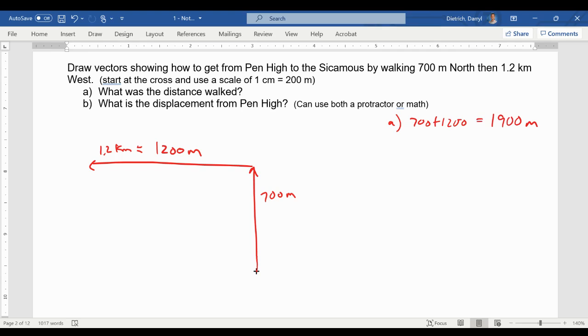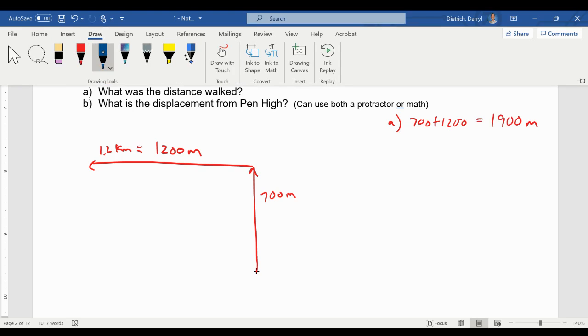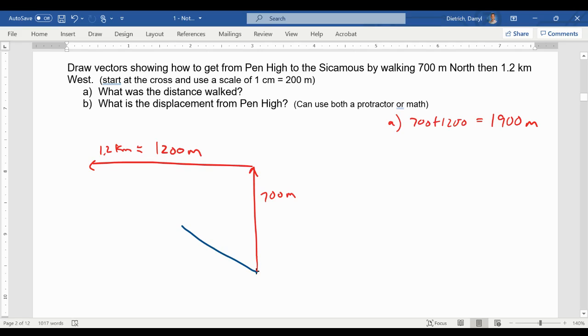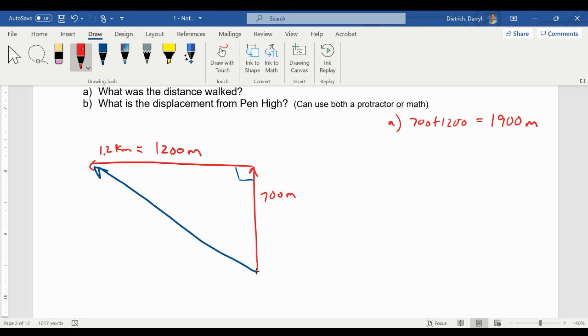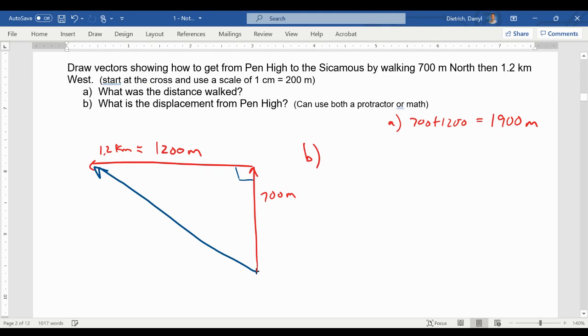Okay, part B, where you're looking at your displacement, gets a little trickier. So now we're looking at displacement as being a vector that looks like so. Within this diagram, which is a right angle, we're going to have to employ our knowledge of the Pythagorean theorem to solve for what our displacement will be. In this case, we can find the magnitude by doing 700 squared plus 1200 squared is equal to displacement squared.